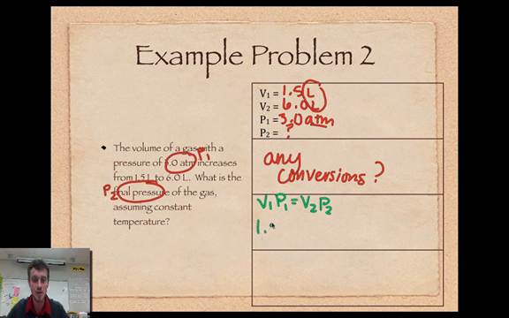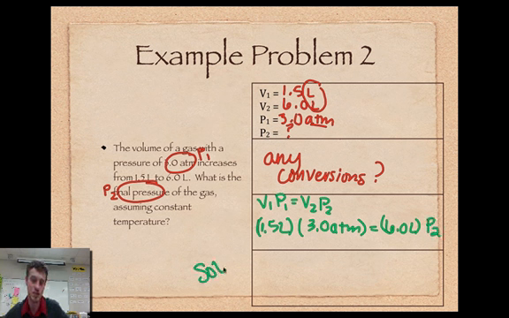So if I plug those in, it's 1.5 liters times 3.0 atmospheres equals my second volume, which is 6.0 liters, times P2. And I move on to my last thing, which is solve.